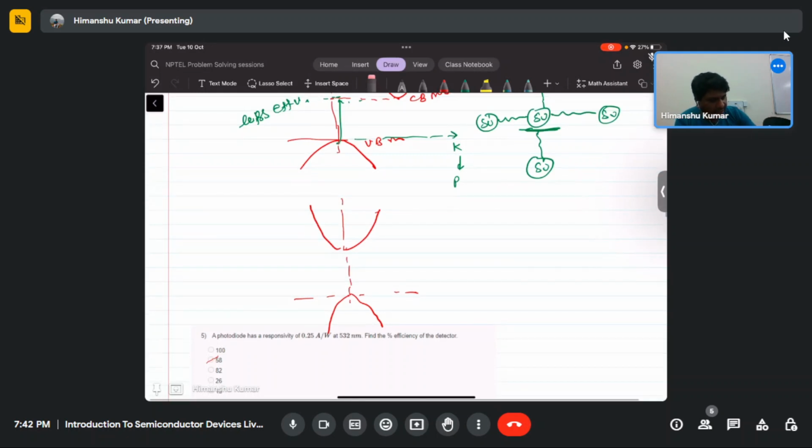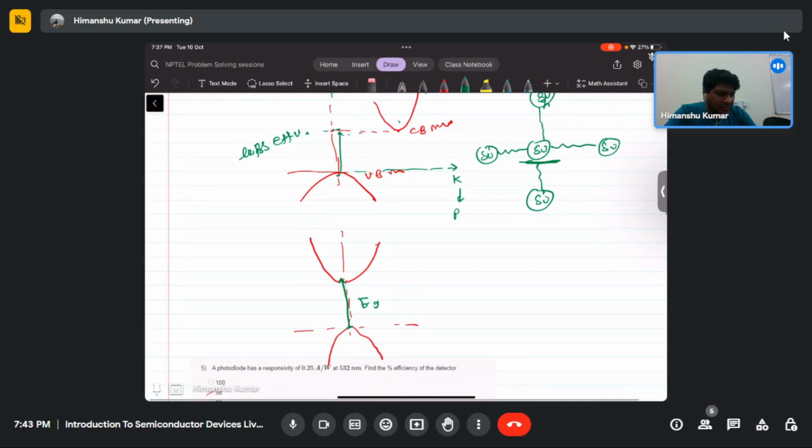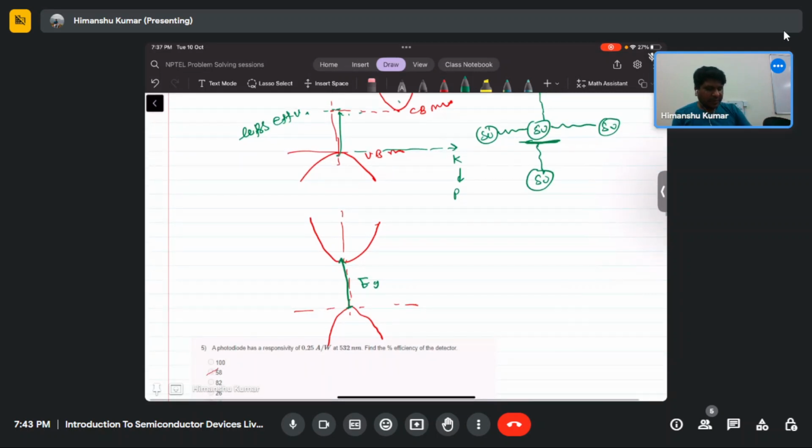So basically you need just the photon energy equal to the energy gap, and you can just excite the electron-hole pair. This process is much easier because it does not need the phonon momentum transfer. This process is simpler.